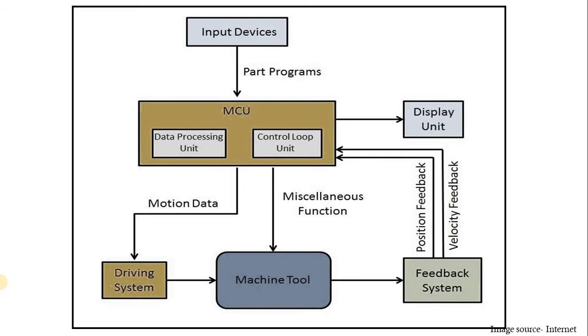So this MCU contains two parts. One part is the DPU, that is the data processing unit. The other is the CLU, that is the control loop unit. The CLU controls the motion of the tool head and workpiece. Also, it is responsible for operating various drives, receiving feedback on the result achieved and monitoring the same.